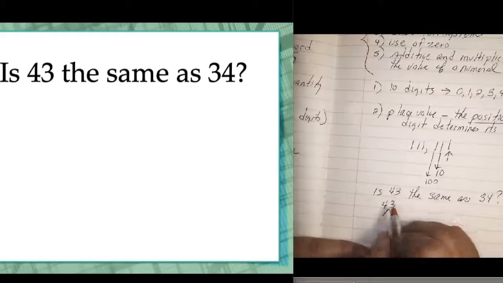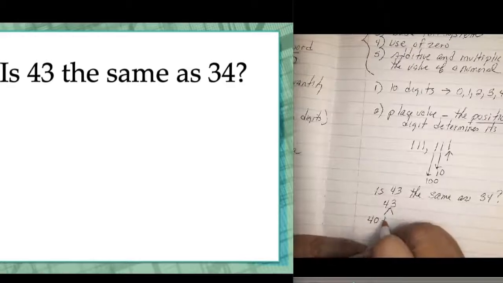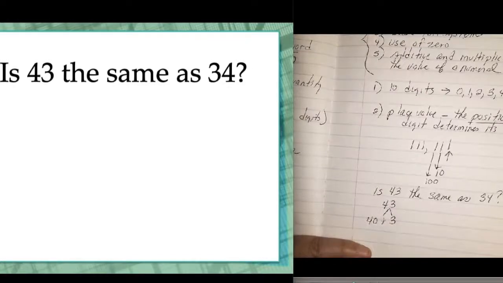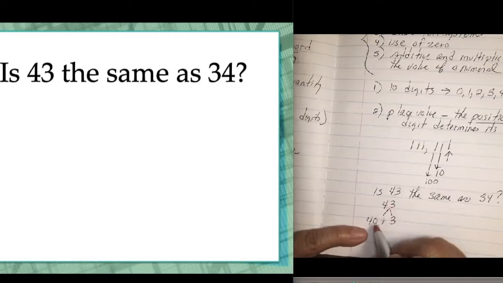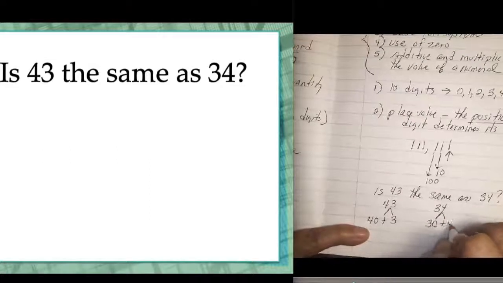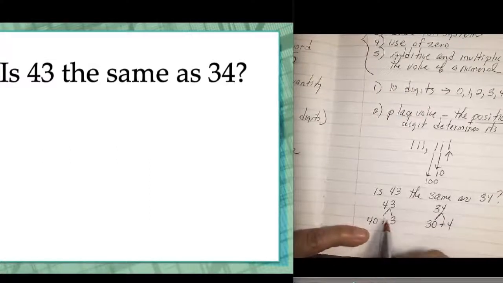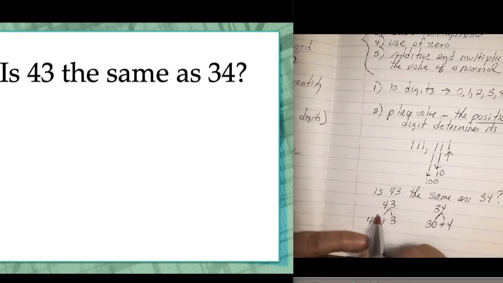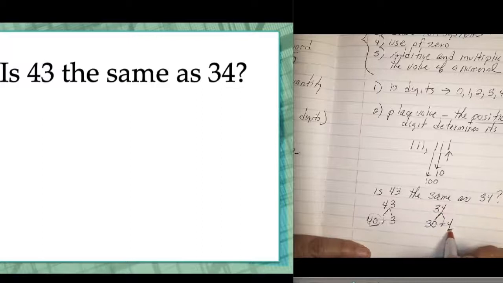So when I look at the 43, I see a 40 and a 3. So notice how the 4 is really a 40. If I decompose the 34, I see a 30 plus a 4. So you can see they have different values. This 4 represents a 40, while this 4 represents 4 ones. So they are not the same.